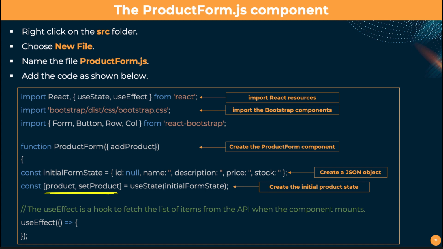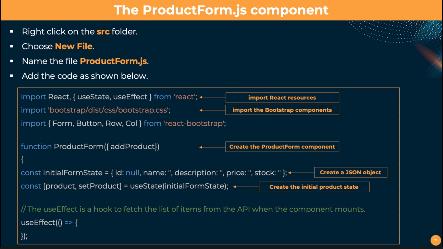So when we want to change it, then what we will do is use a set product. The use state initial form state says the initial state of product is whatever the initial form state is. In other words, everything will be empty.